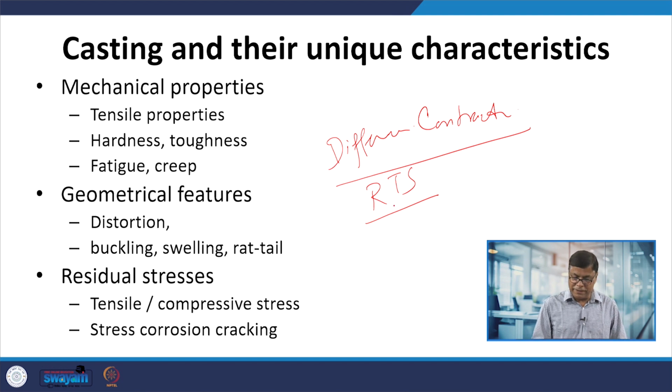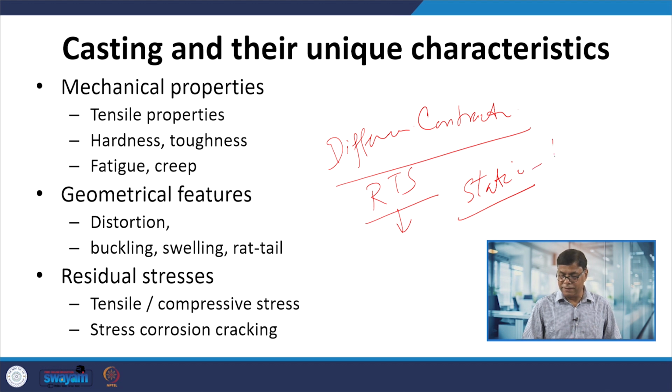And whenever the residual tensile stresses are there, these residual stresses are considered harmful for the static load carrying capacity of the component or casting under tension. Okay. So, the tensile load carrying capacity of the casting is reduced. Okay.